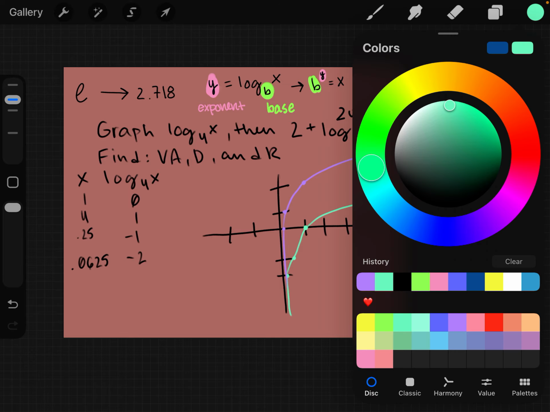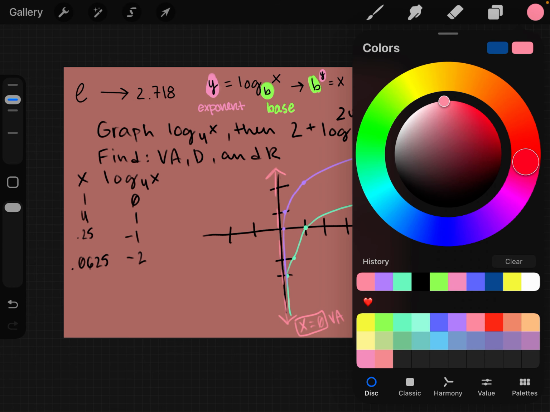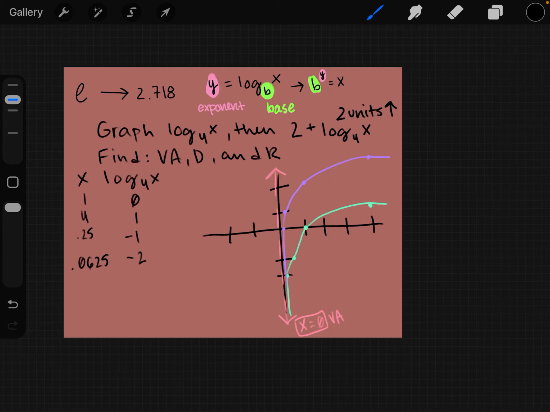And then they want us to find a vertical asymptote. The asymptote is the line that is approached but is not touched. So it's the y-axis. Remember to graph that as a dashed line. And then they want the domain.